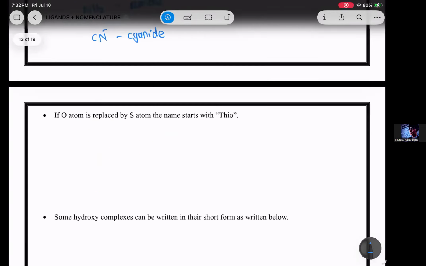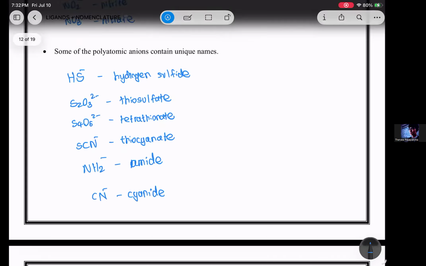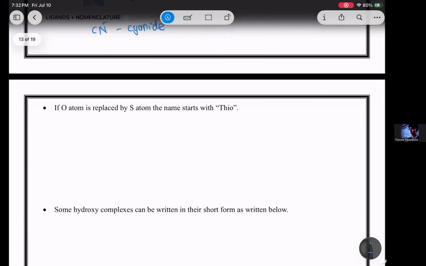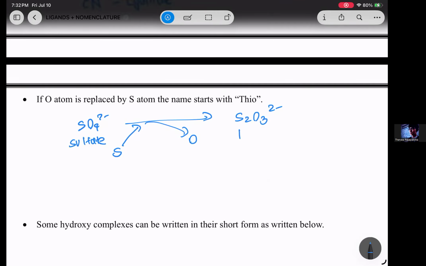Then the next one. Now thiocyanate and thiosulfate I should have included here, but it's fine. You can write them here also. Now you have SO4 2 minus. If you remove an oxygen and add a sulfur, you get S2O3 2 minus. This is sulfate, and this is thiosulfate.